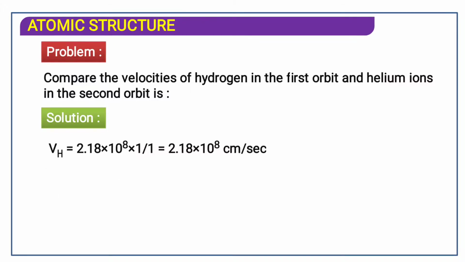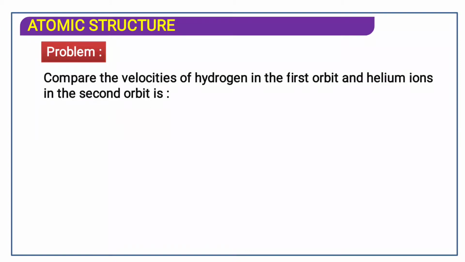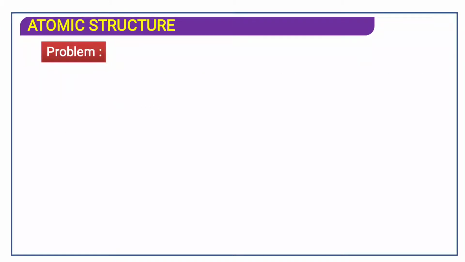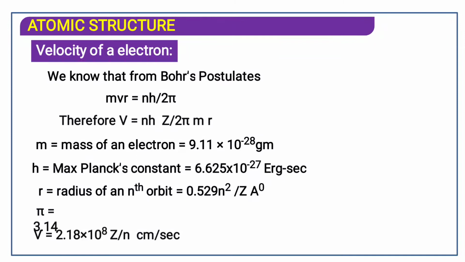You can see v is equal to nh upon 2 pi mr, or we can say v is equal to nhZ upon 2 pi m r.